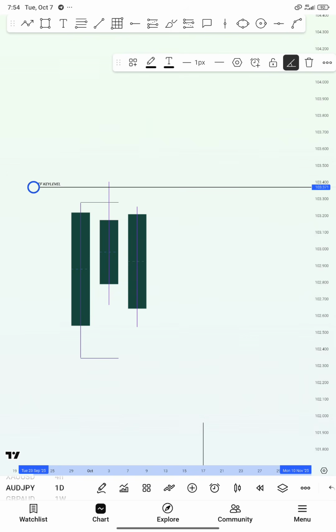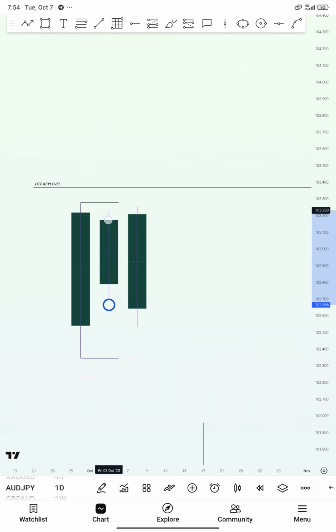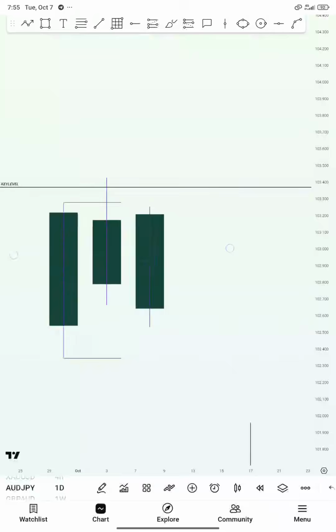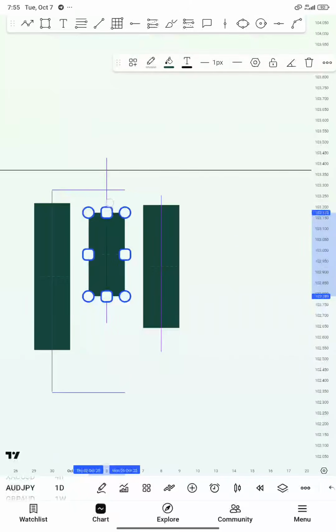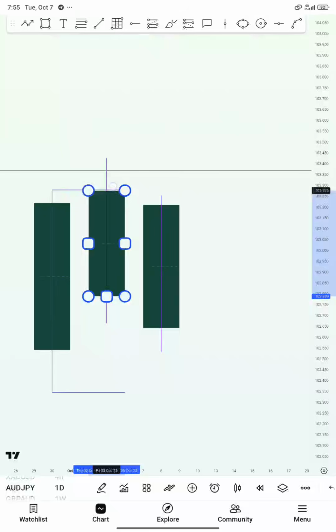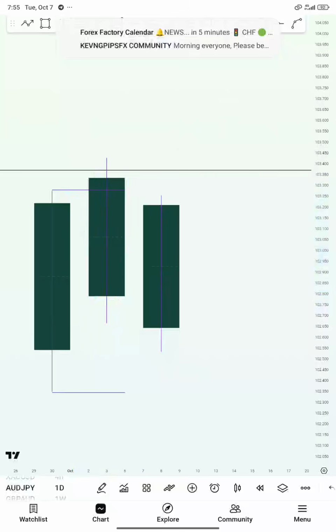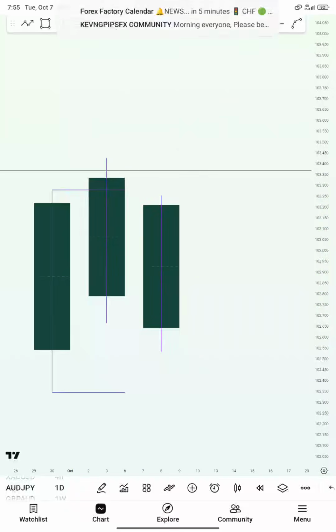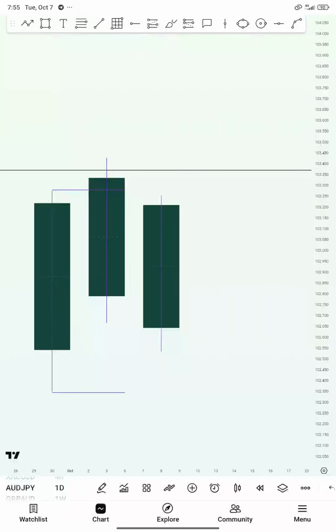So if on your daily time frame you mark your daily candle range high and low, and you find the next candle, the second candle, printing this way and it swept the candle range low or high and tapped into a valid key level, then another thing you need to consider is that this candle that swept the range and tapped into a key level doesn't close this way, because the moment it closes this way, it shows that your analysis is wrong, or that this is going to fail.